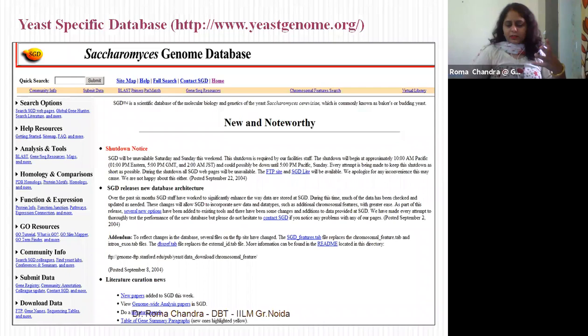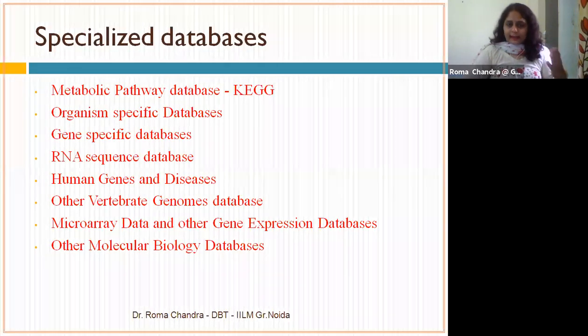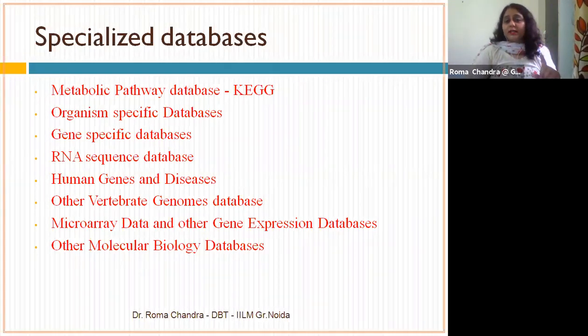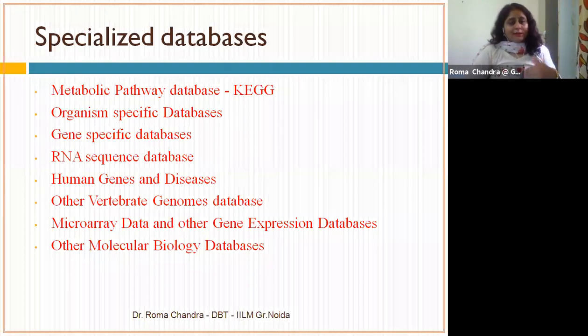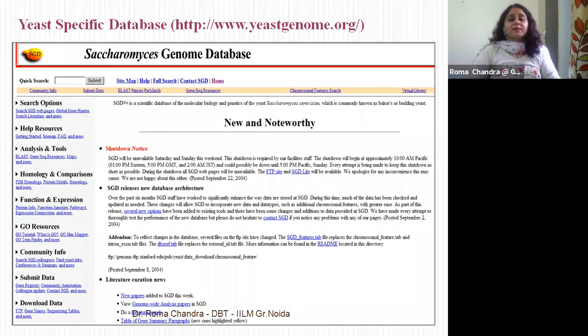I showed you in my previous section the Kyoto Encyclopedia of Genes and Genomes, KEGG. I'll show you that again in the practical session. This is one of the organism specific databases, a yeast specific database. If you want to search any genome with respect to yeast, you can go to this yeast genome database and extract the Saccharomyces genomes.